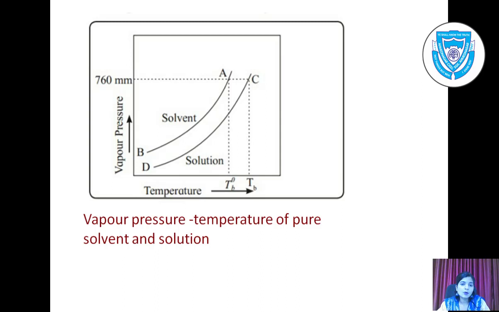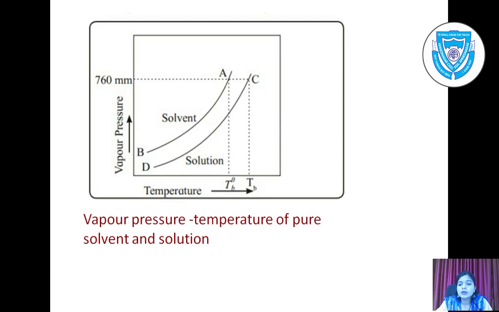Fine. Now focus on the graph and see the intersection of these curves. If you see the intersection of curve CD with the line corresponding to 670 mm of Hg, that is the vapor pressure line, followed down to the temperature axis, you can see that it falls on the TB point.